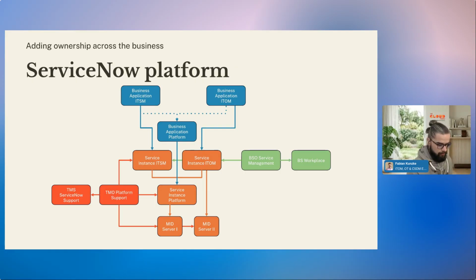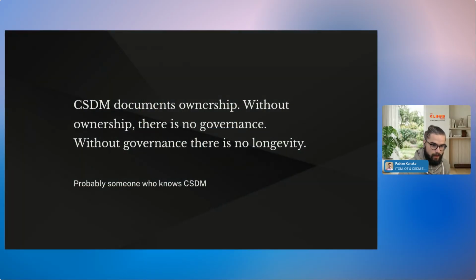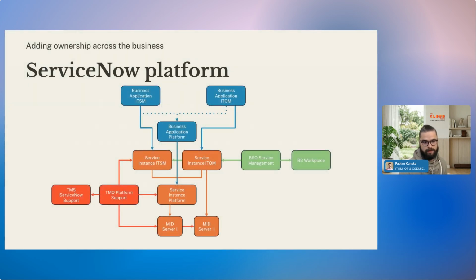And this is one of the important topics where I see a lot of customers and users in the CMDB struggle: we need ownership, because without ownership, there's no governance, and without governance, there's no longevity. So whenever you add a simple box, whenever you add one of these colorful, fun boxes, someone needs to keep that up to date.